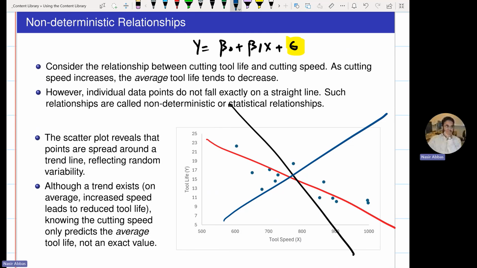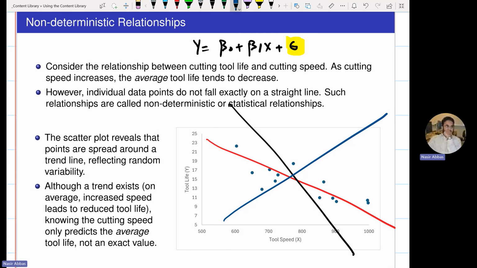Among the three of them, which one would you prefer now? Why the red one? Because it takes more points, or what we call, it's closer to the points. Closer to the points, right? And how do we measure the closeness?